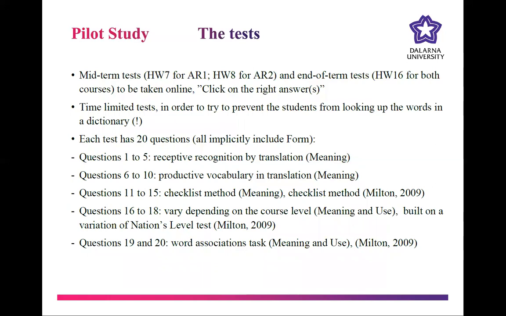All questions are mainly related to the meaning aspect of knowing a word. But in some cases, it's the form of a word that makes the choice of the correct answer tricky. The last 5 questions also imply a use aspect knowledge.